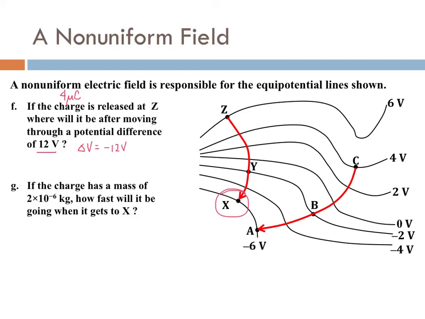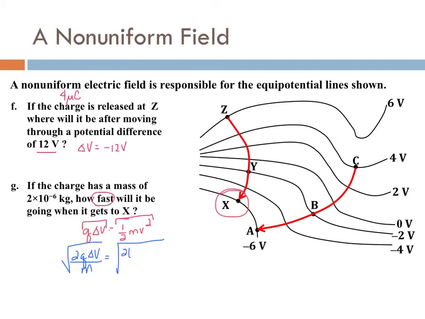Now, when we're trying to solve for how fast it's going to be going when it does reach point X, then we can use our Q delta V equals 1/2 mv squared, which is saying that this, which is potential energy, is equal to our kinetic energy. So I can multiply by 2, divide by mass, and then take the square root.